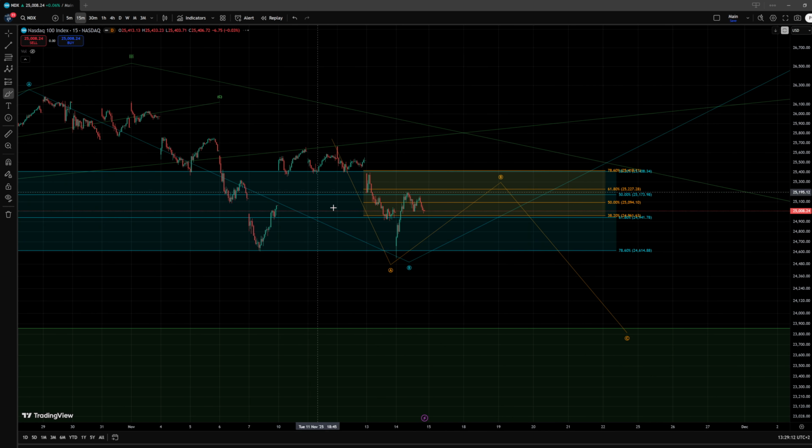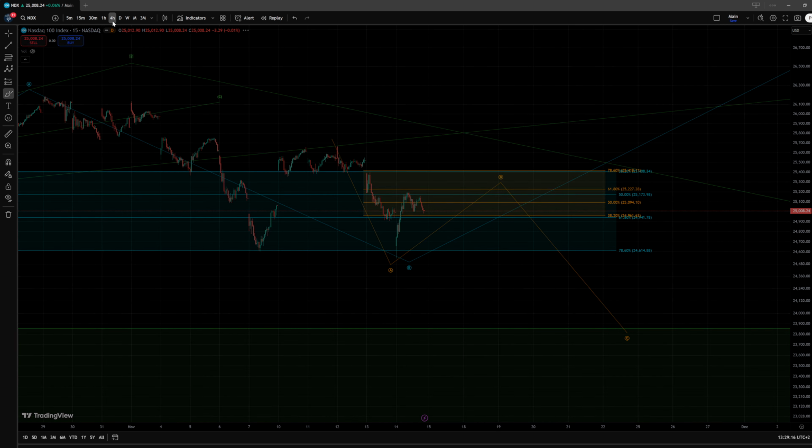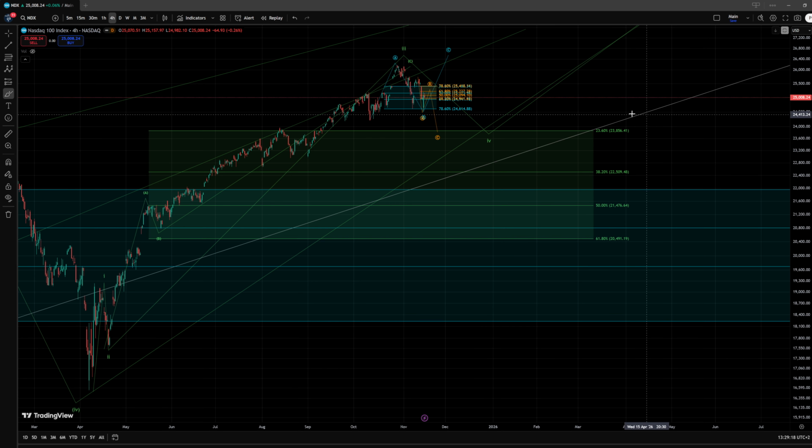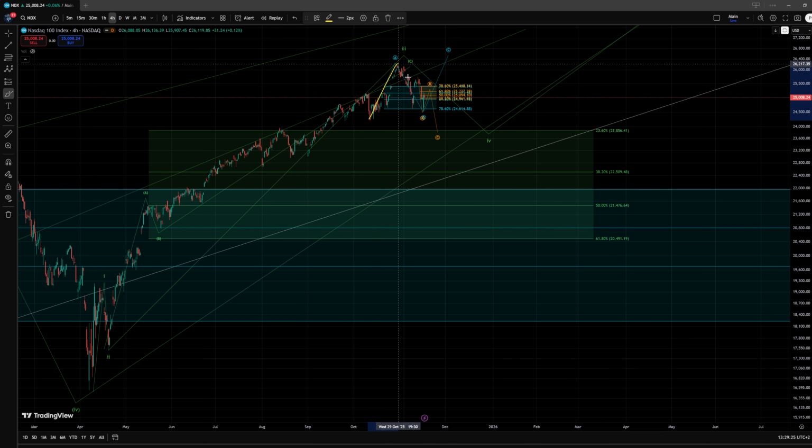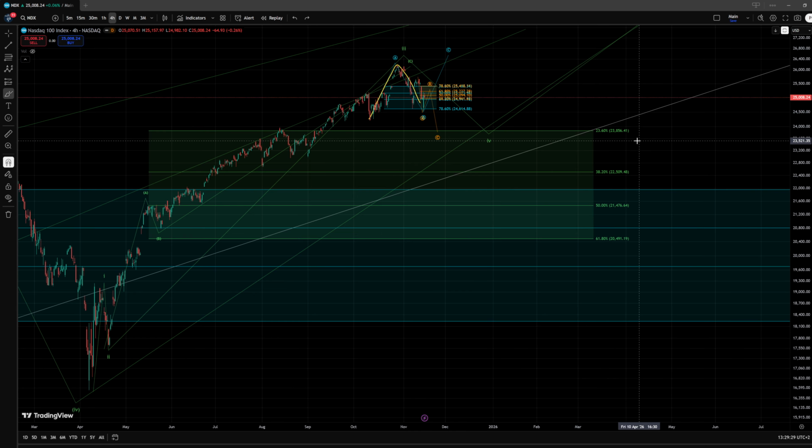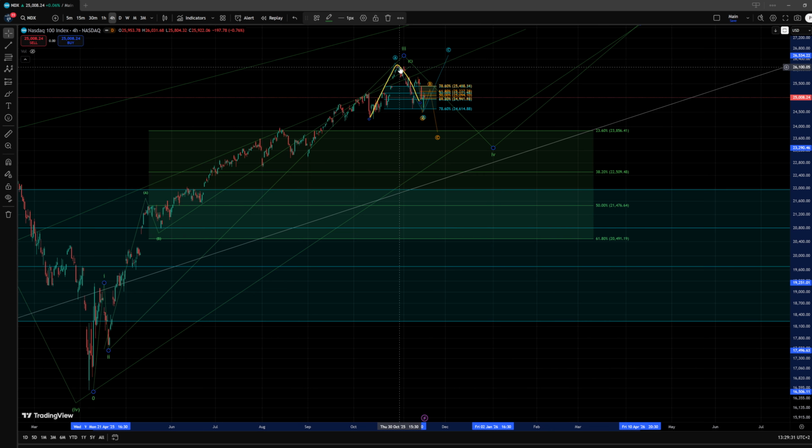It's just mostly a straight move up, and it is on too small of a time frame to get too many details, too much information out of it. So it is at this point better to zoom out and look just here for the 78.6% retracement in blue, and if that fails, we are looking for the larger wave 4 in green to unfold.